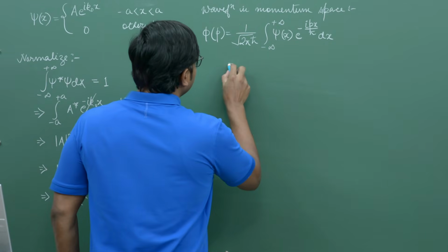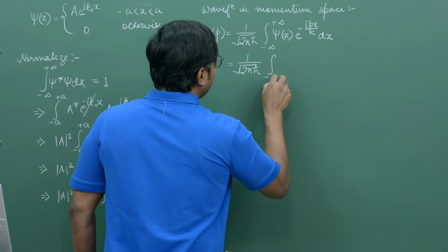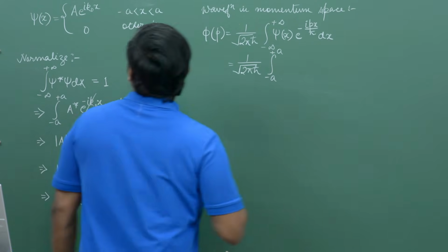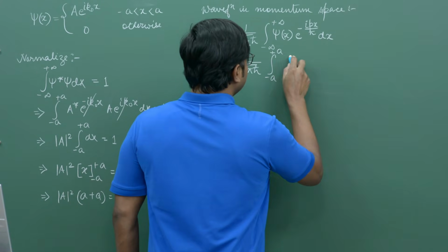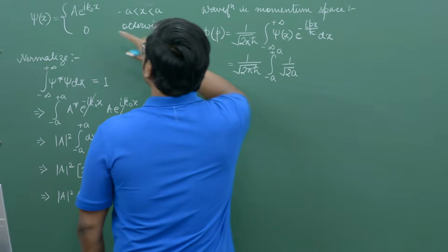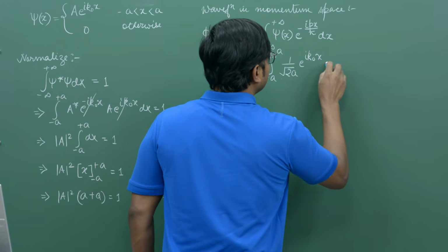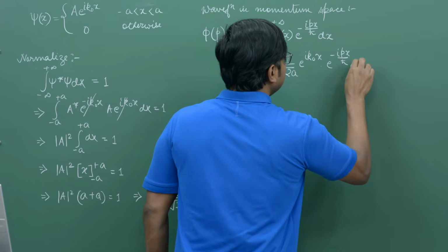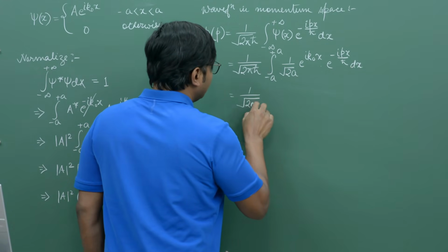So if I just substitute everything, what should I get? 1 upon root 2 pi h cross, between minus a to plus a, we have psi x. Psi x is, again, the A expression, 1 upon root 2a and e to the power iota k naught x, and the remaining term is e to the power minus iota px upon h cross dx. So everything else that follows is simply a mathematical calculation.